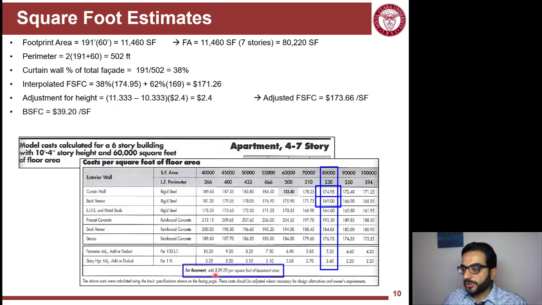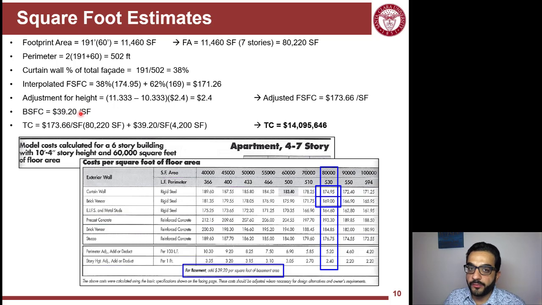And then for the basement, I need to add 39.2 per square foot of the basement I have, not of this 80,000. The basement has a 4,200 area, not 11,460.